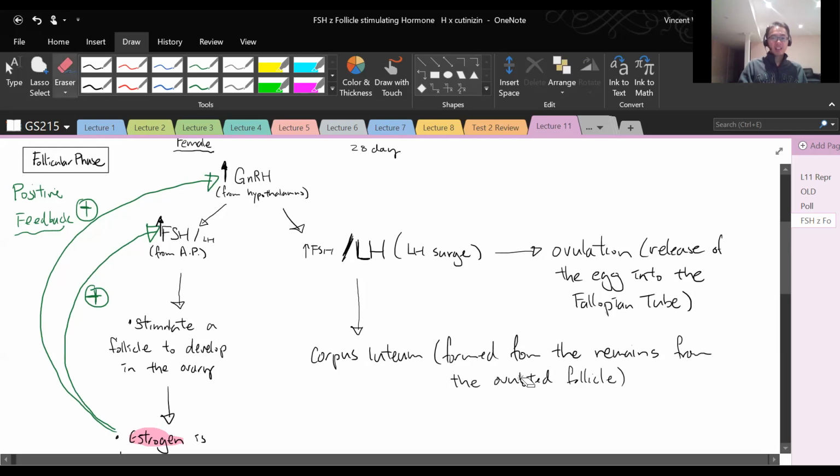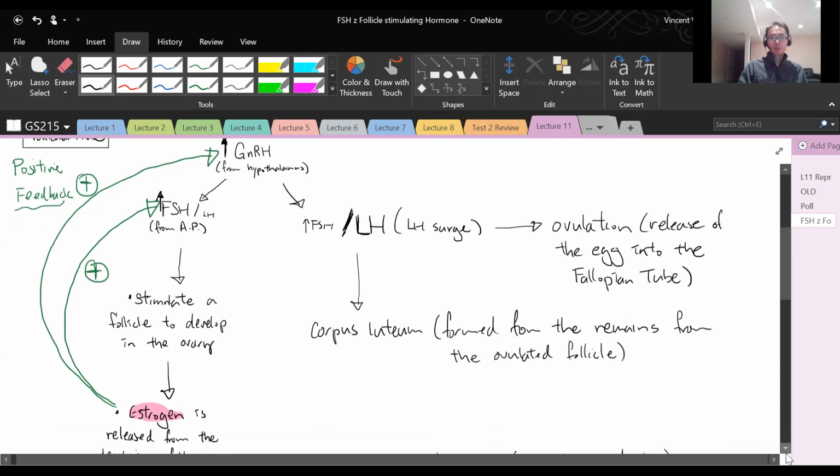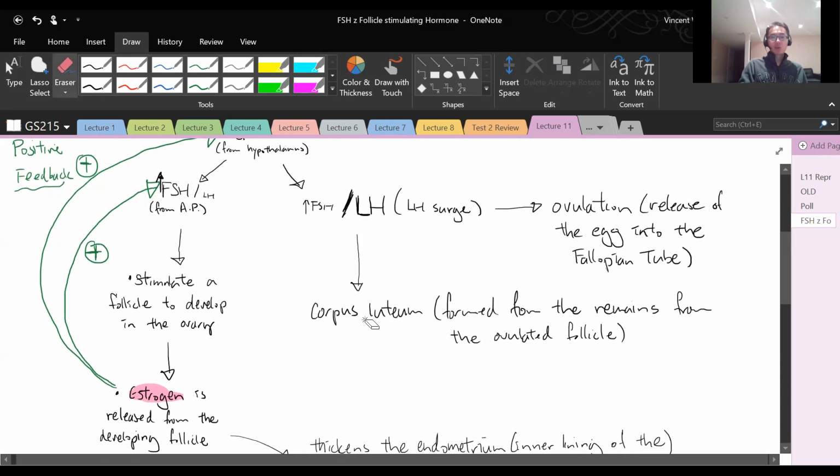So after releasing the egg, you have some stuff that is left over. That's the corpus luteum. And this corpus luteum will release progesterone.